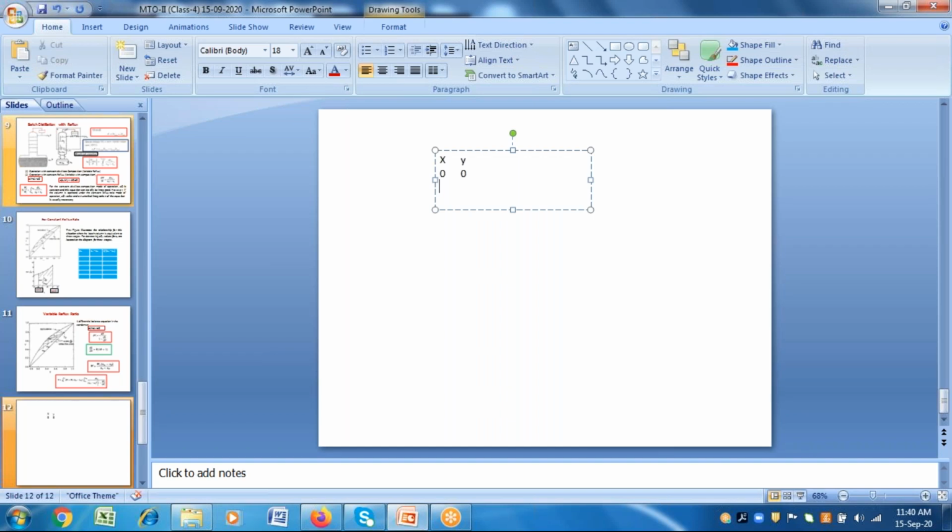The feed enters at its boiling point. The reflux ratio used is 1.5 times the minimum. Estimate the theoretical number of plates required. Is it clear now? Yes, sir.